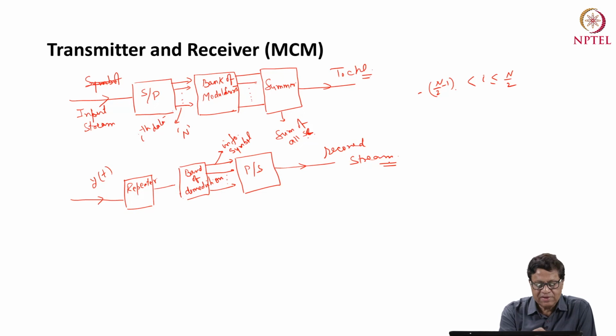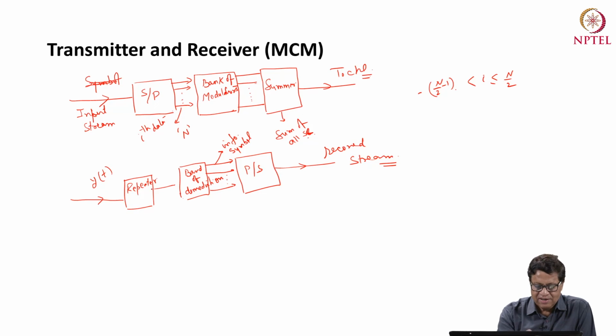You have an input stream, you divide it into N parts, and each has data which goes to a bank of modulators, and after modulating it is summed. You sum them up, and it is transmitted over the channel.